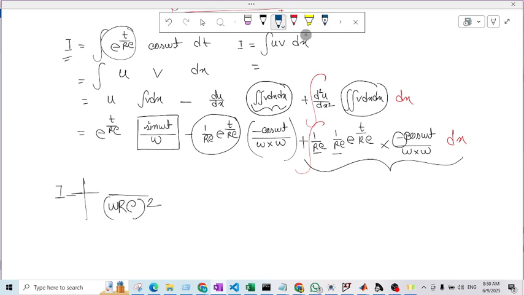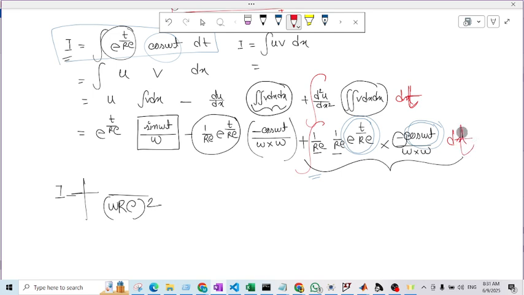And see one thing, the integration of e to the power t by RC cos omega t, simply it's I, right? It's not dx, it's simply dt.